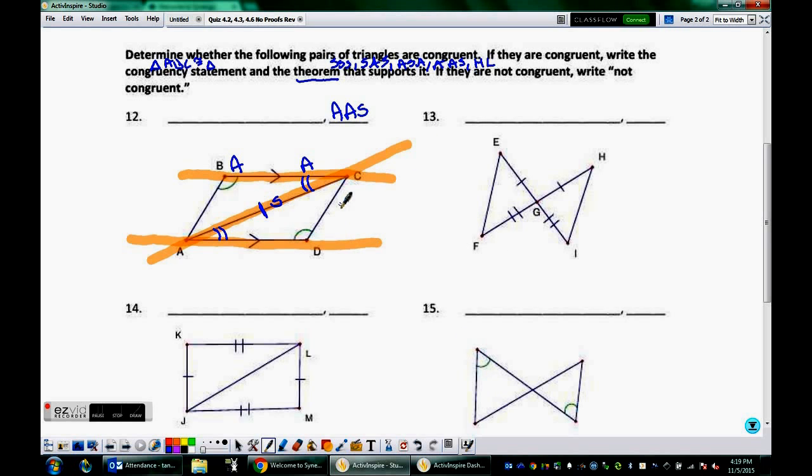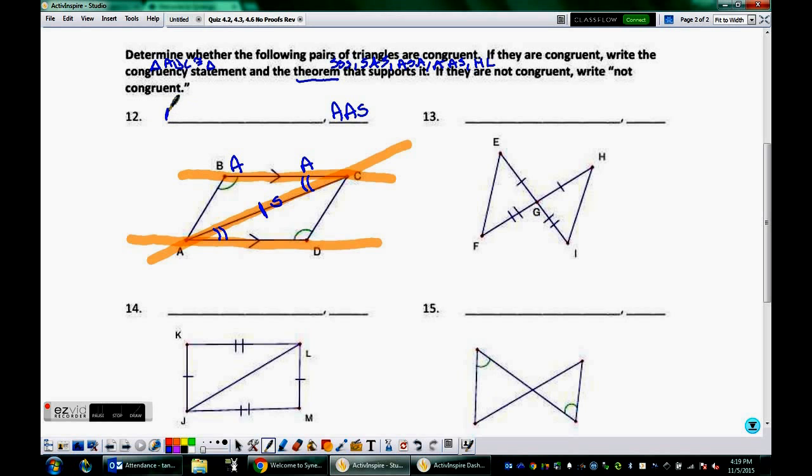Perpendicular lines, make sure you add your right angles. And also midpoint theorem, which none of these did I mention a midpoint, so you're not going to be using that. And also angle bisector. Again, I didn't mention an angle bisector in any of these 6, so you're not going to be using that here. Okay, so when I go to finish up here, I need to write the triangle congruent statement.